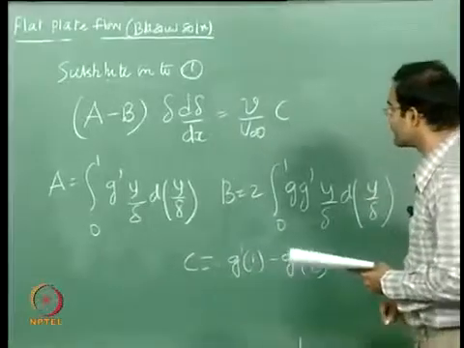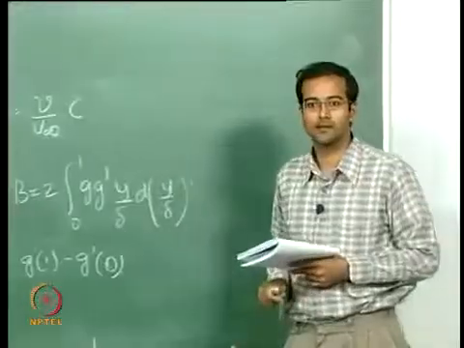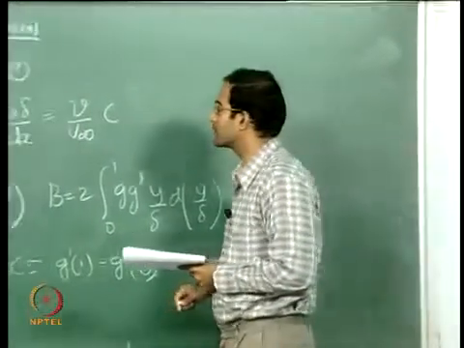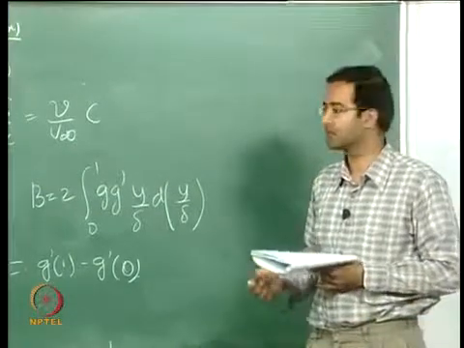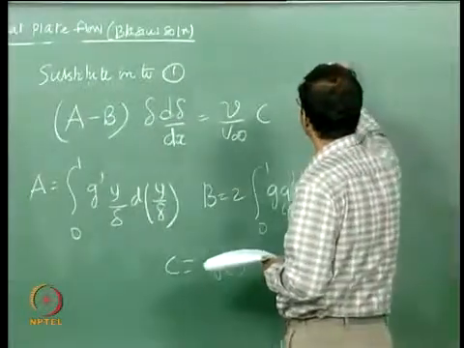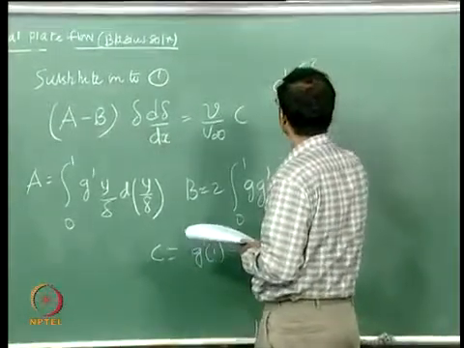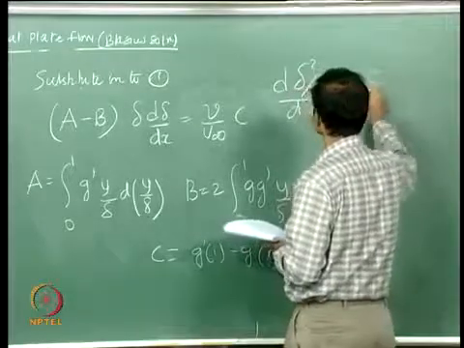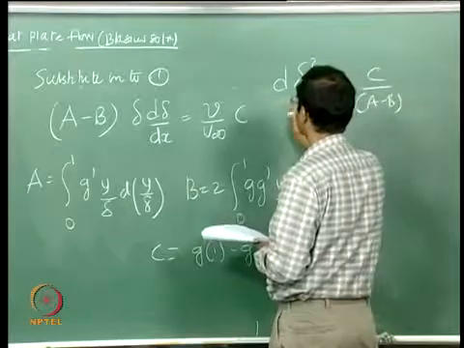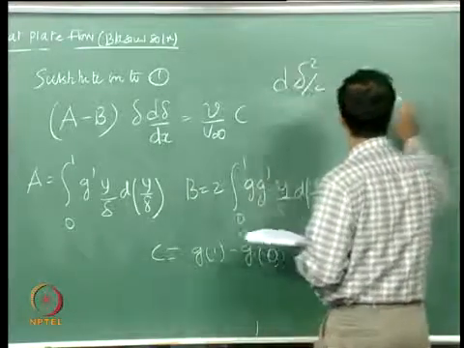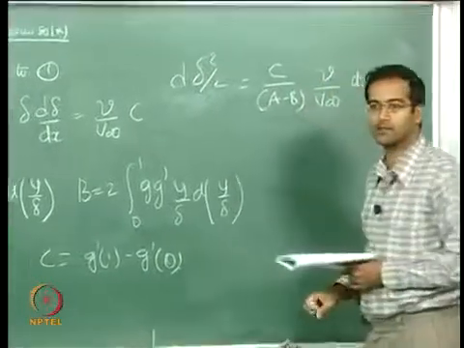Alright, so this is your ODE. Can you tell me what is the solution for this? How do we solve this ODE? Separation. Okay, so what will be the solution for delta? I can write this as d delta square by 2 by dx is equal to C by A minus B into, and I can separate it as you said, nu by u infinity into dx.